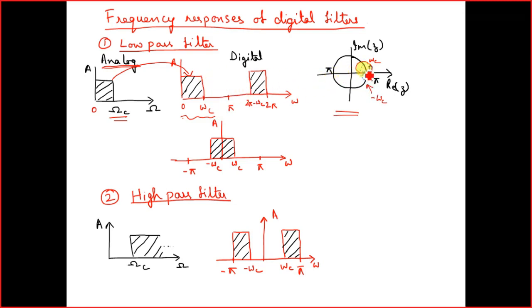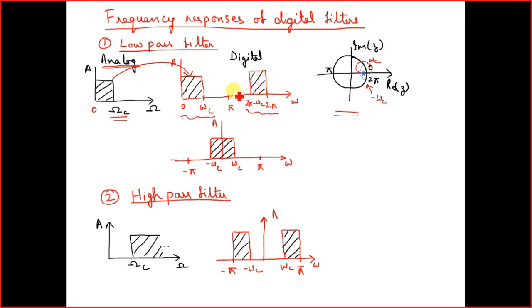If I place a pole on the real axis, it has a similar effect on the frequency components which vary from 2 pi minus omega c to 2 pi. So I have drawn another band, 2 pi minus omega c to 2 pi, where the low pass components are passed.